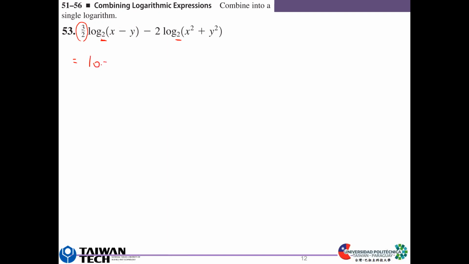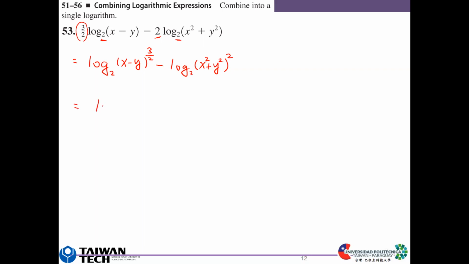So the first term becomes, we keep the same base, and then this is x minus y to the power of 3/2, and minus log base 2 of x squared plus y squared, and then if we put 2 inside the log function, it becomes the power, and the subtraction of 2 logs becomes the division within the log function.